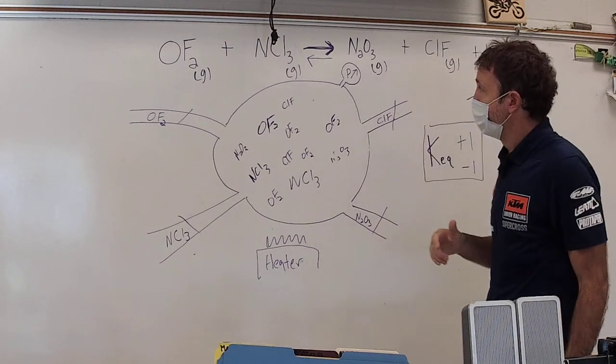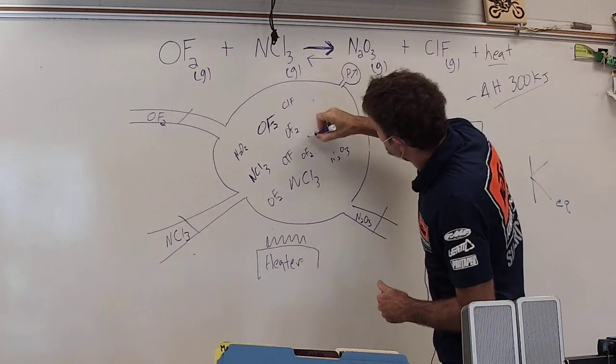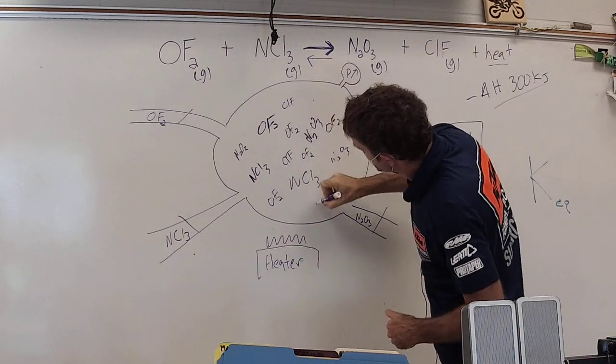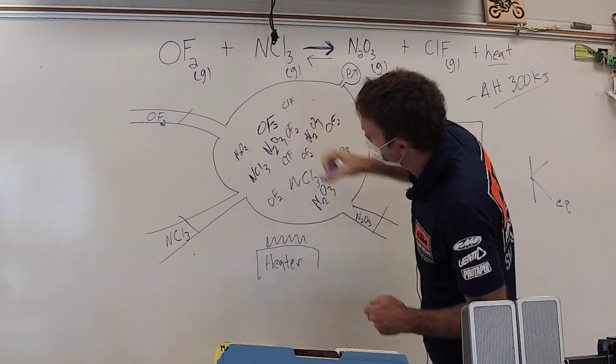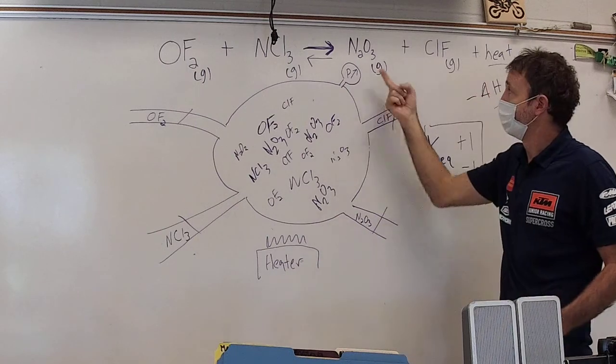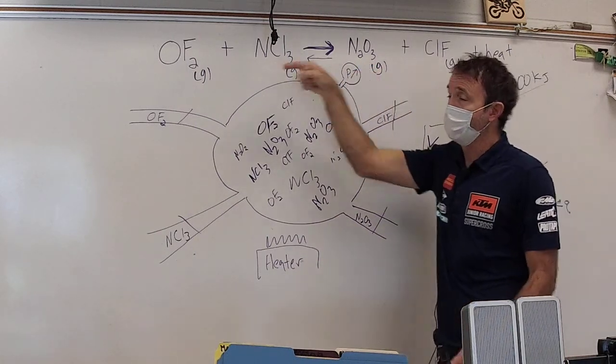Briefly, what if I added some more N2O3 in there? Now there's more N2O3 in there, so you have more opportunities for this stuff to break down and go backwards.